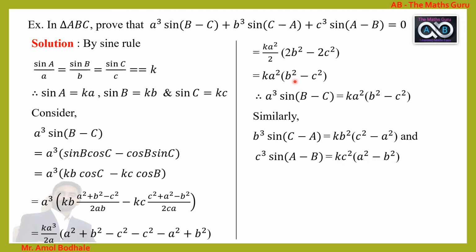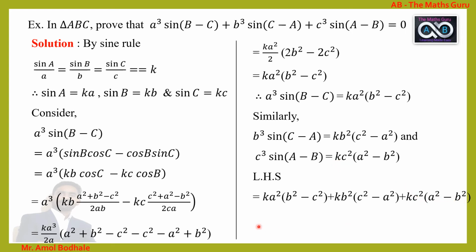Now we can put the value of each term in the LHS. The first term is k a square into b square minus c square. The second term, b cube sine of C minus A, is k b square into c square minus a square. And the last term, c cube sine of A minus B, is k c square into a square minus b square.